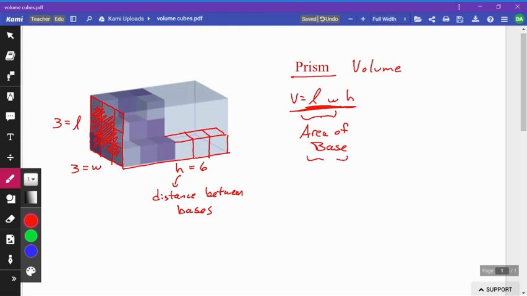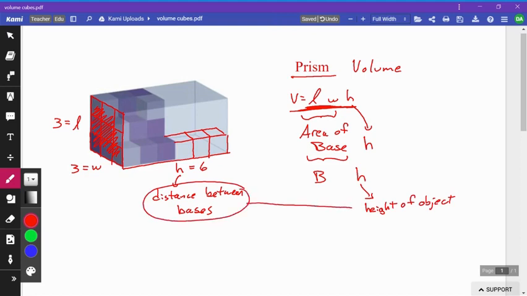So I'm going to give this a variable capital B. Height, we're just going to refer to as h. But I got to remember that this stands for the distance between the bases, or it is the height of the object, which is also the distance between the bases. So going through, my volume is going to be area of the base times the height.